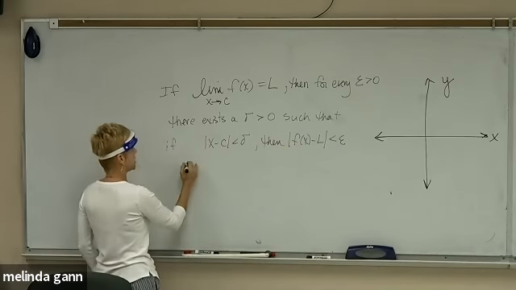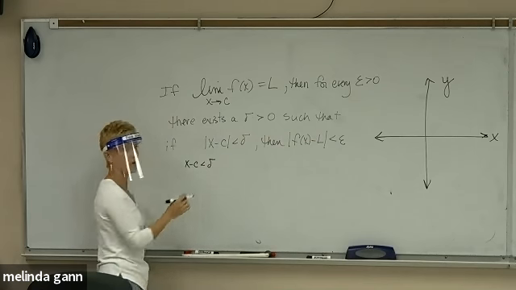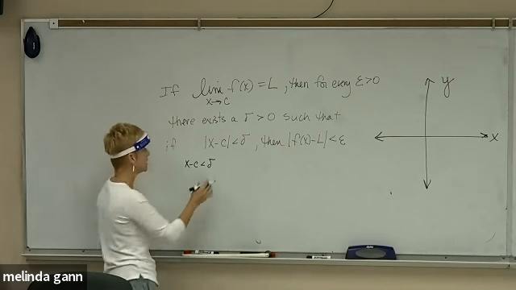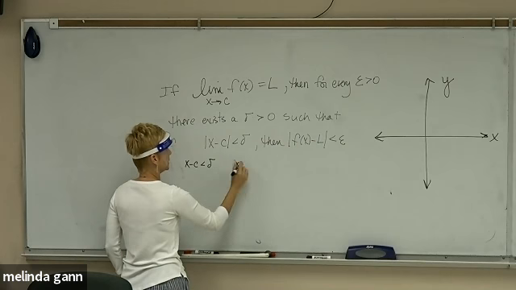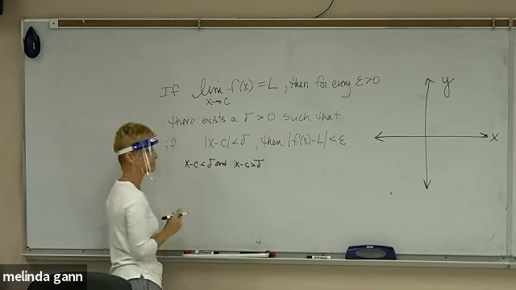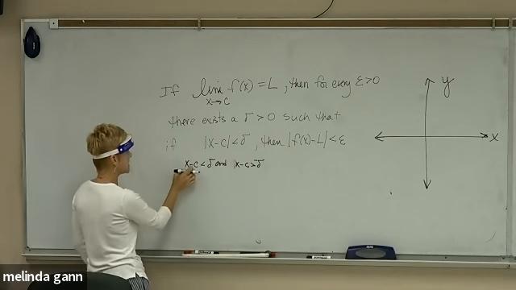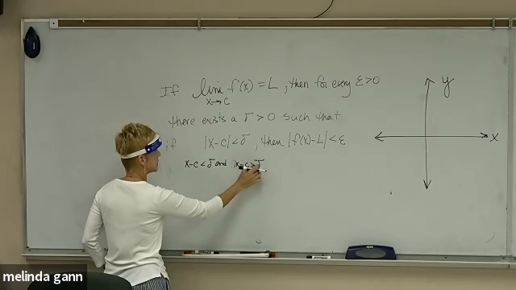All right. So either x minus c is less than delta. Remember the first time you just drop the bars. The next time you drop the bars, and then you reverse that, and you change the sign on that, and my connector word is and. So x minus c is smaller than delta, and x minus c is bigger than the negative delta.